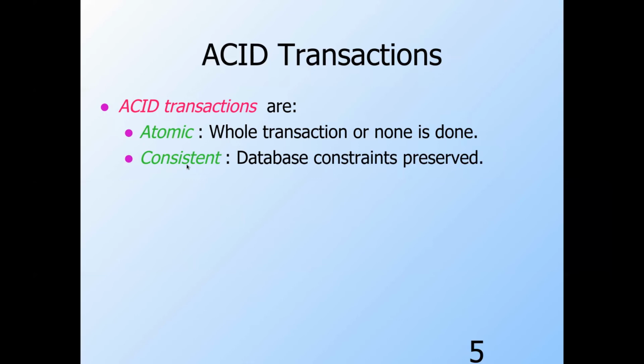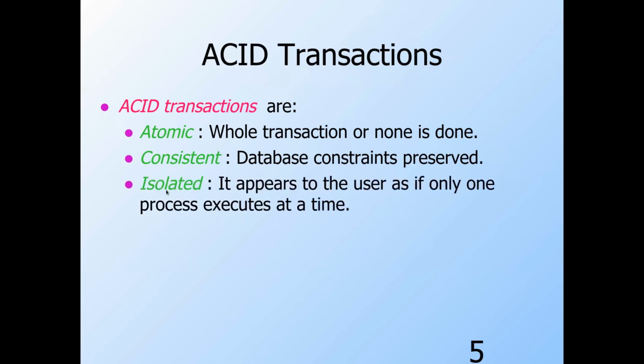Okay, now isolated. This is really something that you aim for, and this is the one spot that wiggles a little bit. So the I in ACID, you can go into different isolation levels, but the pure notion of what isolated means is that it gives you the impression that you are the only user of the database. Right?